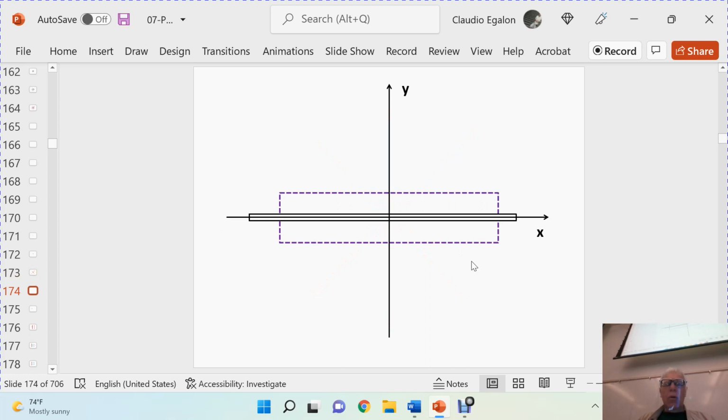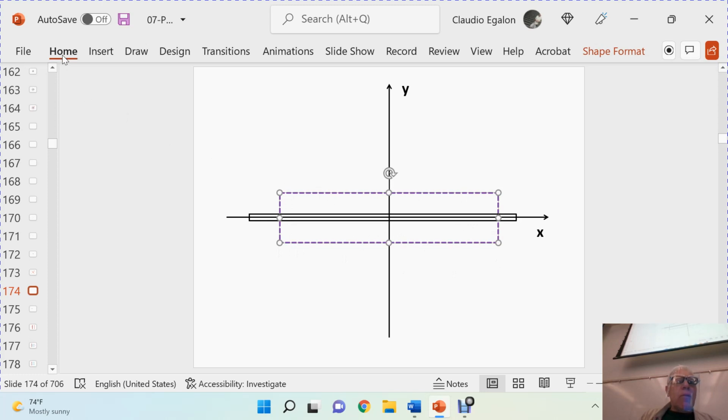But if you look along the z-axis, the same surface that you saw before is going to be a cylindrical surface. A better way to draw it would be a cylinder here. I put this as a rectangle, but consider that as a cylinder. Picture that as a cylinder.